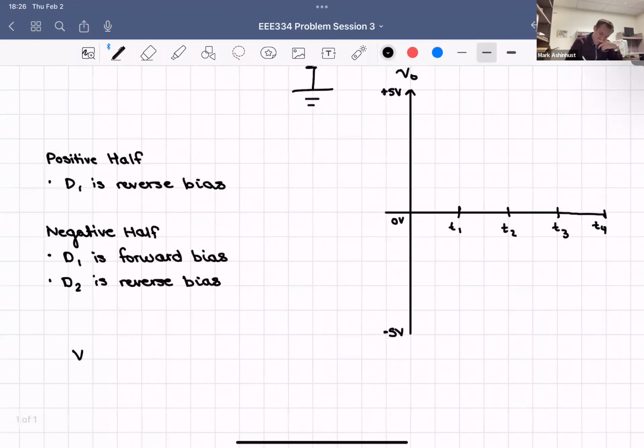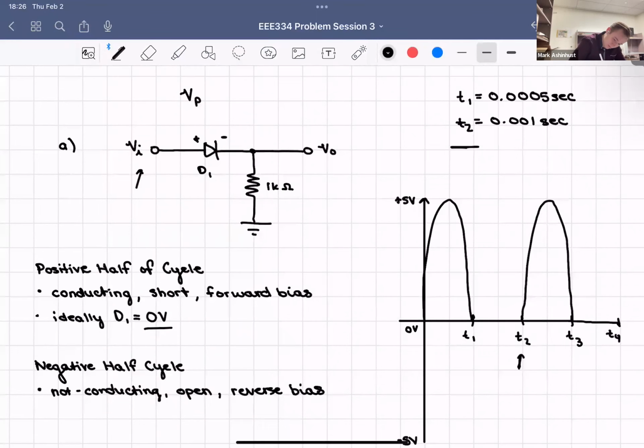forward voltage, so our VP plus is 0 volts, and our VP minus in the negative direction is 0 volts. And then, sorry, if we're going back to the first problem we had here, I'll do these in color, VP plus equals 0 volts, and then VP minus is 0 volts.